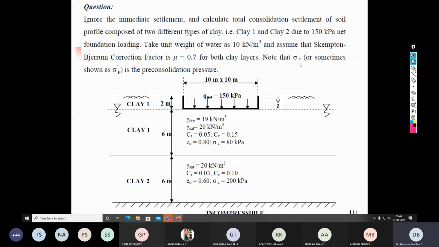Note that sigma C dash is the pre-consolidation pressure. So here the size of the footing is 10 meter by 10 meter. Q net acting on the soil is 150.